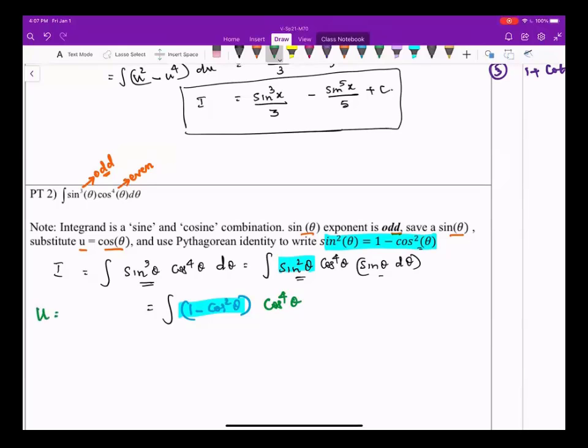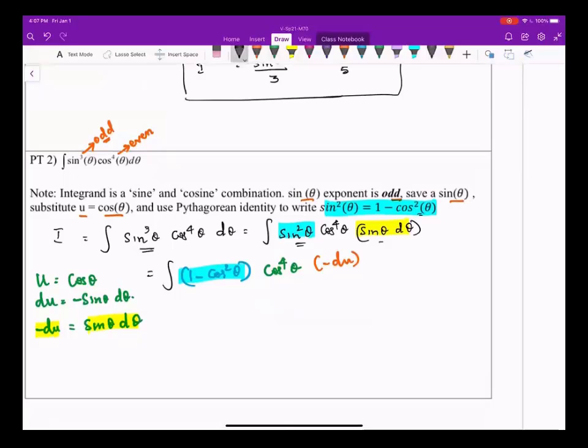But what is this sine theta d theta? u equal to cosine theta will give us du equal to negative sine theta d theta. So sine theta d theta, if I isolate, is equal to negative du. So this part can be written as negative du.